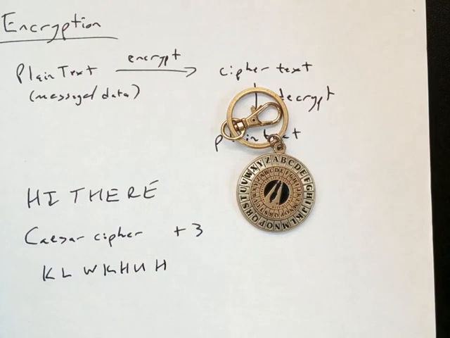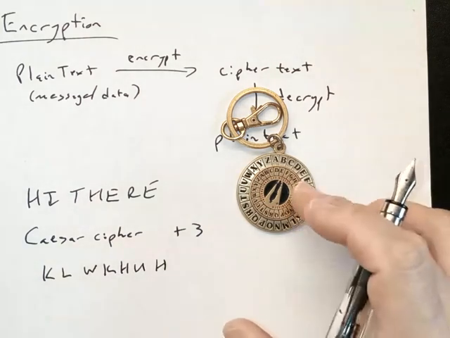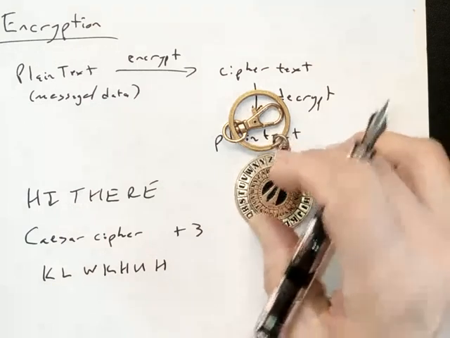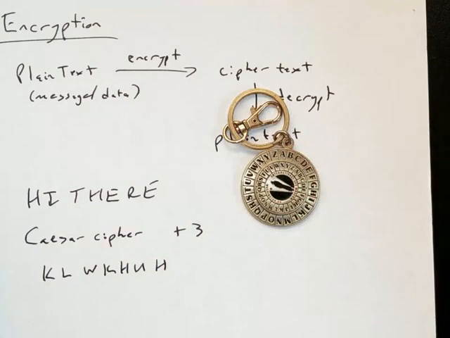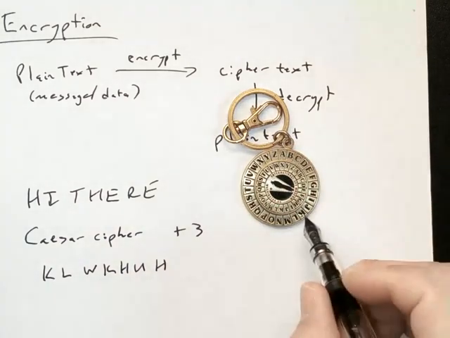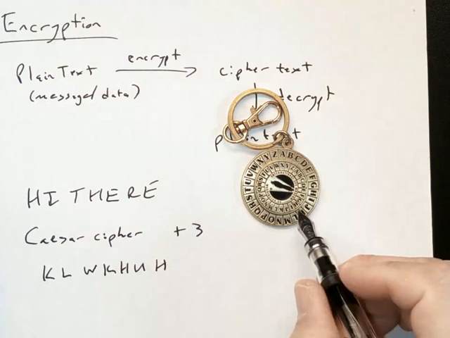And then if you want to decode this, you back everything up 3. And now on the outside, K becomes H.